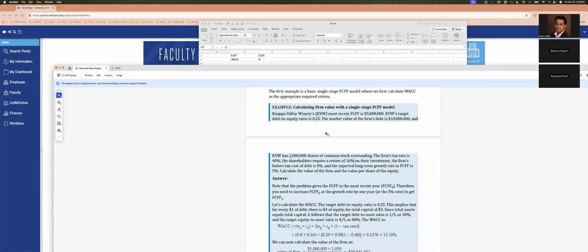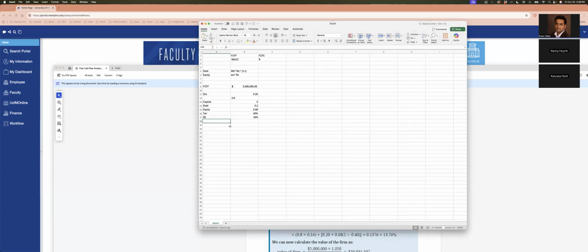And then what did they say? The firm's before-tax cost of debt is 8%, so KD is 8%. All he's asking is to calculate the WACC, the weighted average cost of capital.